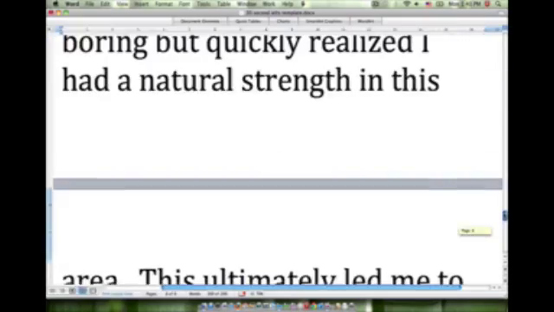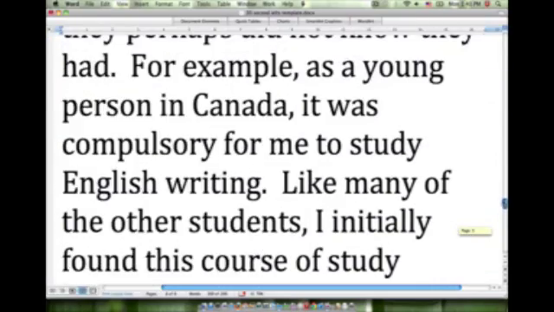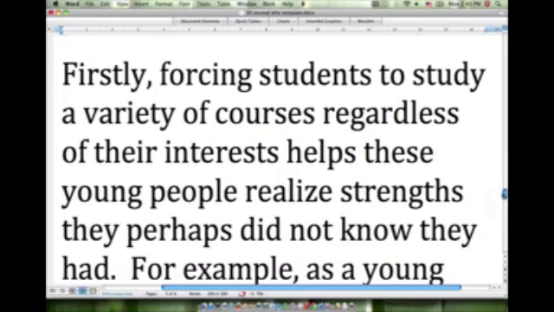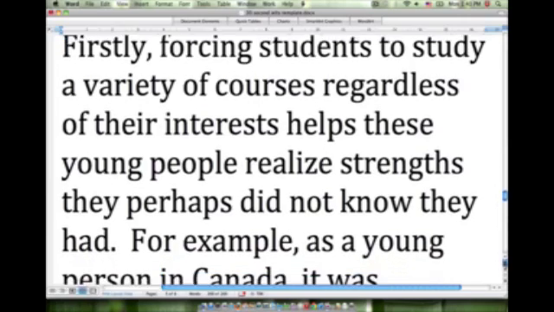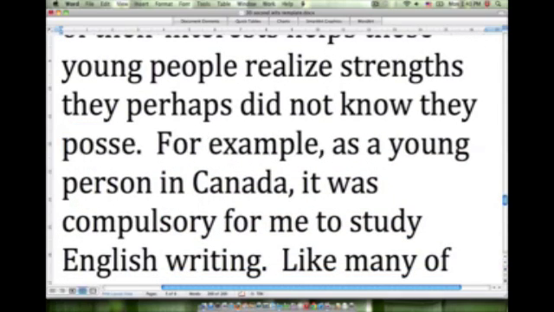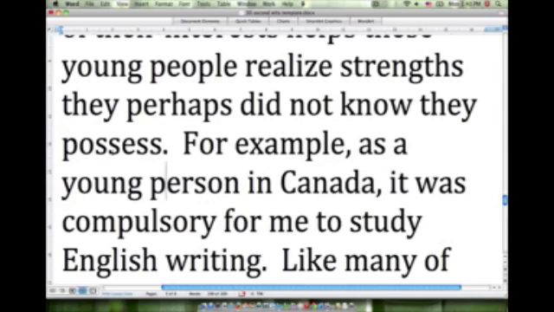Okay, let's just read the paragraph from the top. Firstly, forcing students to study a variety of courses regardless of their interests helps these young people realize strengths they perhaps did not know they had. Maybe I'll even change this to possess. For example, as a young person in Canada, it was compulsory for me to study English writing.